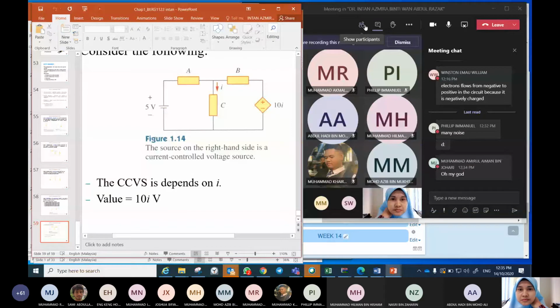Diamond shape. Because the voltage is variable, it can be anything. It depends on the current. Type your answer here.